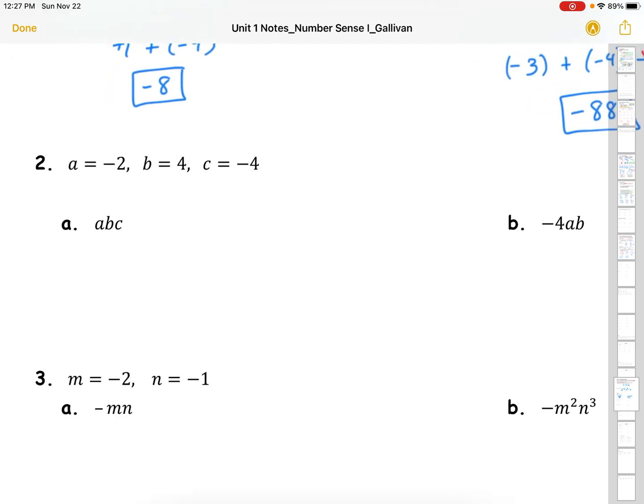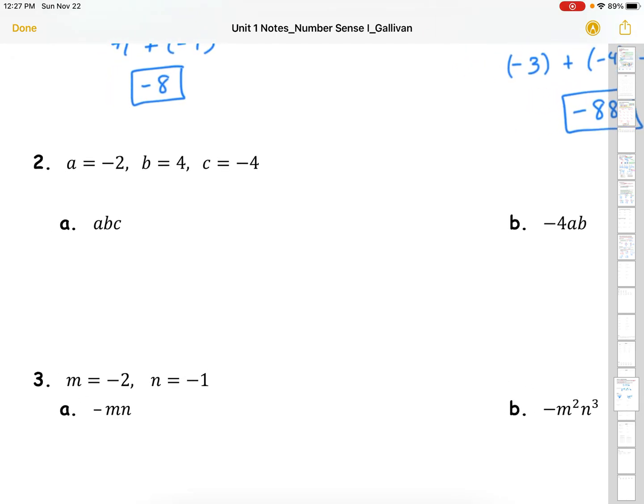Here, number 2. A is negative 2, B is 4, and C is negative 4. Now, A, B, C written like that means times each other. So negative 2 times 4 times negative 4. And I can just multiply straight across.